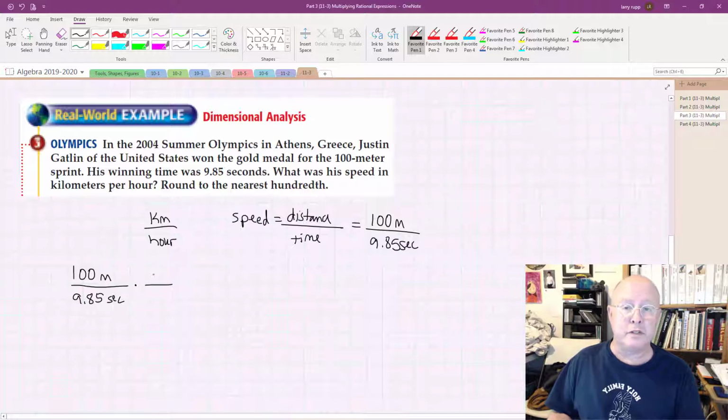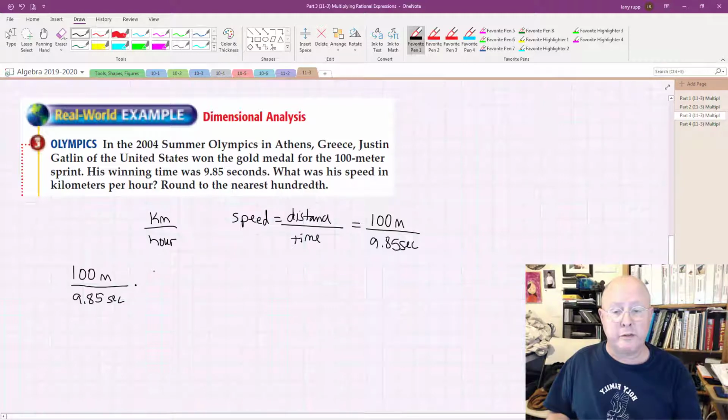Or you can do it one step at a time with meters, and then the next steps from seconds to hours. So we want to end up with kilometers on the top, kilometers per hour. Okay, so we have kilometers. All right, now how many meters are in a kilometer? 1,000 meters. So the meters here and the meters here will cancel, and we're going to be left with kilometers, and that's a good thing.